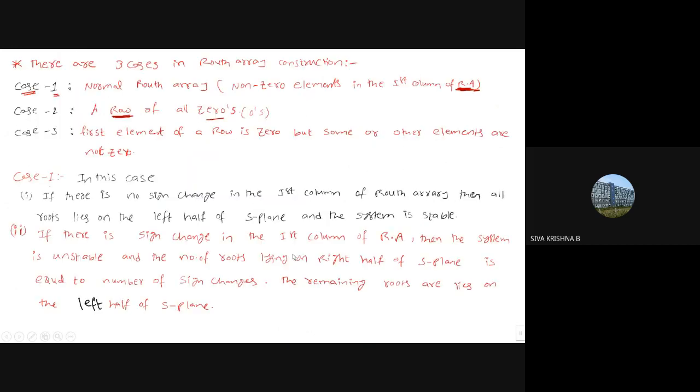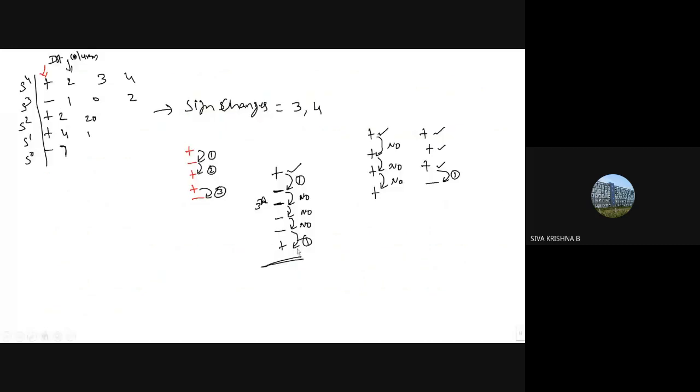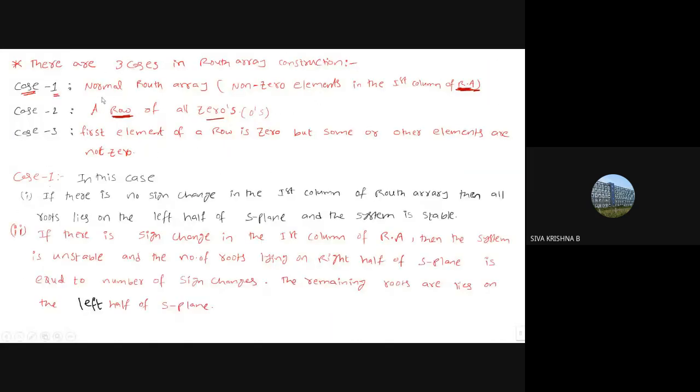So let's move to these cases, mainly 3 cases are there. Yes, first one is the normal row array. That means no element in the first column is zero. First case means no zeros in the first column.